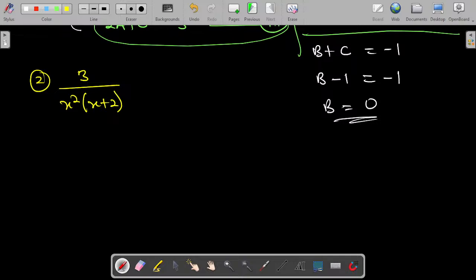What kind of fraction do we have here? What type? We have discussed 3 types now. It satisfies at least one of them. Is it distinct linear or repeated linear or distinct quadratic? Let me hear you people.